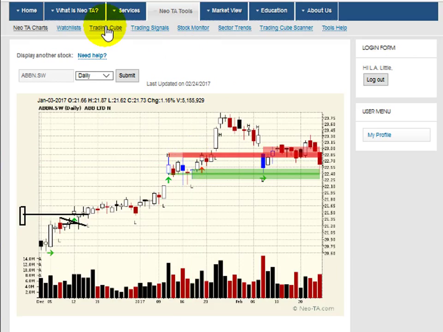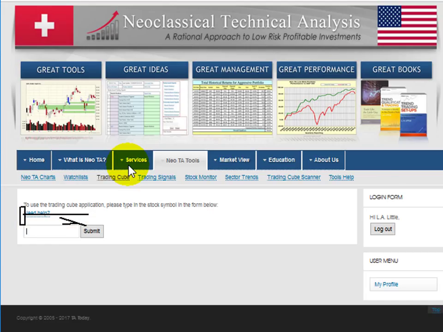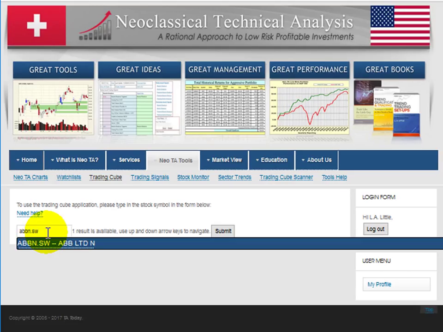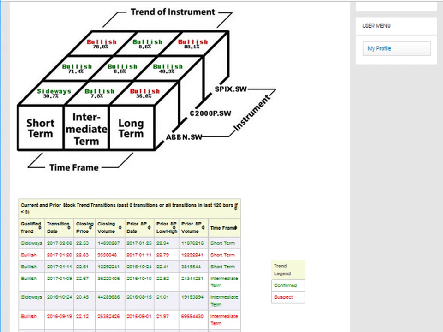You can go to the trading cube, and I'm going to right-click and open a new tab so that I can see the cube. And I'm going to put the ABB into the trading cube. Let me clean this up, put the ABB in there so that we can see what that looks like.